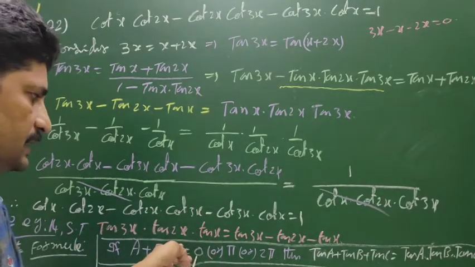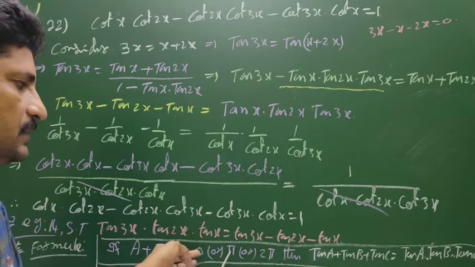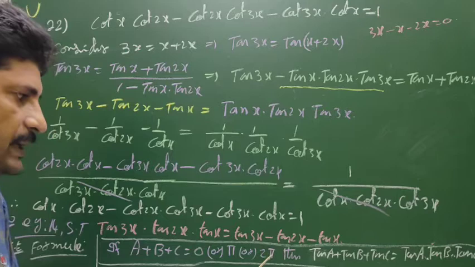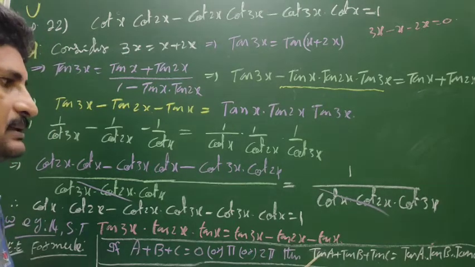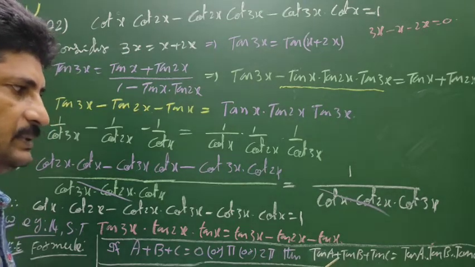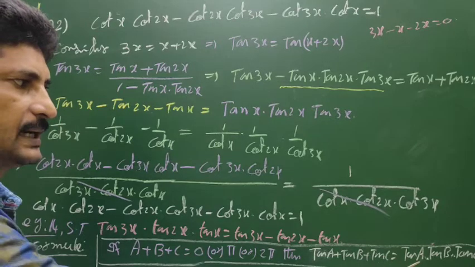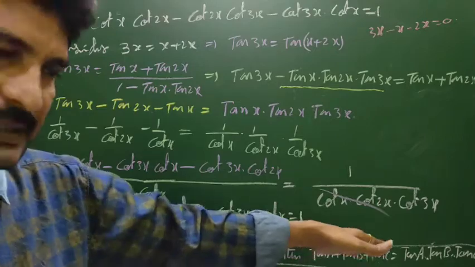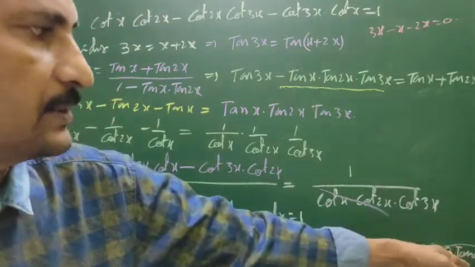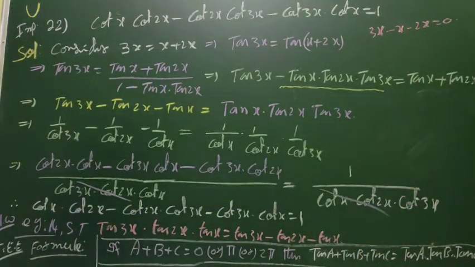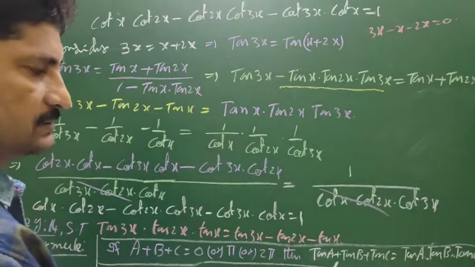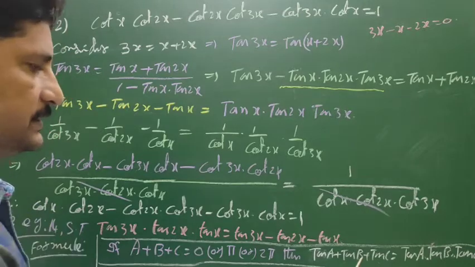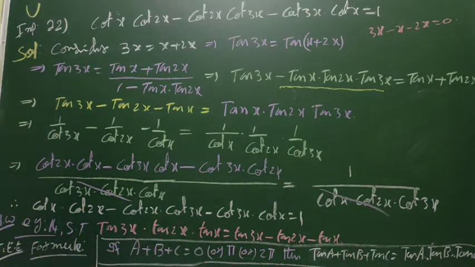It is an integer multiple of pi. Then tan A plus tan B plus tan C is equal to tan A into tan B into tan C. Sigma tan A is equal to the product of tan A. This is the shortcut formula.